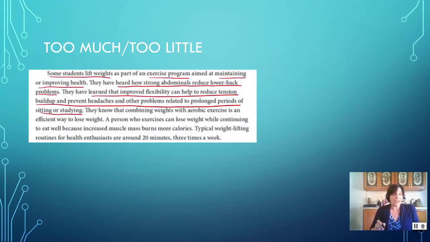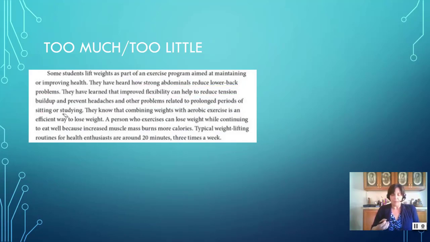I have to isolate just the key words and phrases that stand out and give the meaning. So I'm going to erase this. Unfortunately, I have to erase all of it, and we're going to try to pick out just the most important. So here we go. "Some students lift weights, maintaining or improving health."